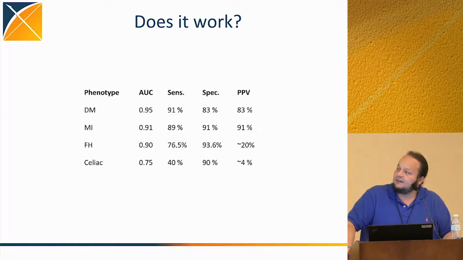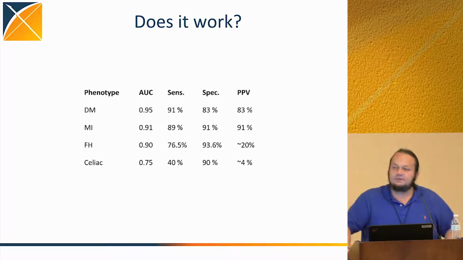We looked at the top couple hundred of the most confident predictions, and then had a set of 3 clinicians, where two votes had to agree, evaluate them and say, oh yeah, this person should have this. So we did it for diabetes mellitus, with 91% sensitivity and pretty good PPV. We did it for myocardial infarction as well.